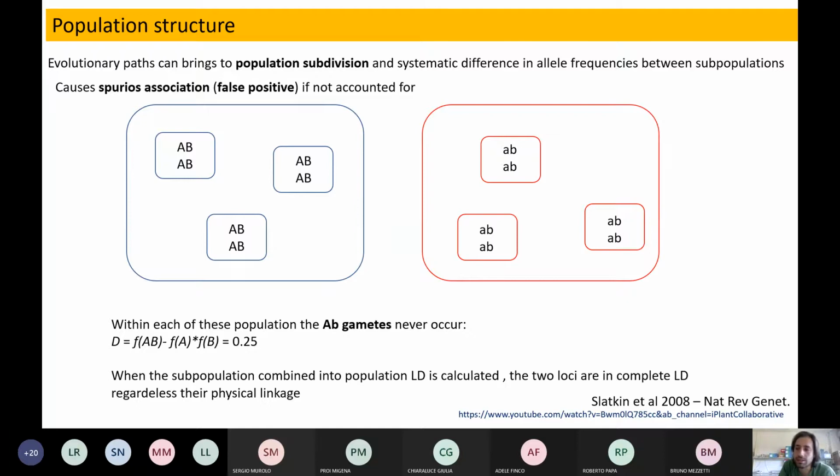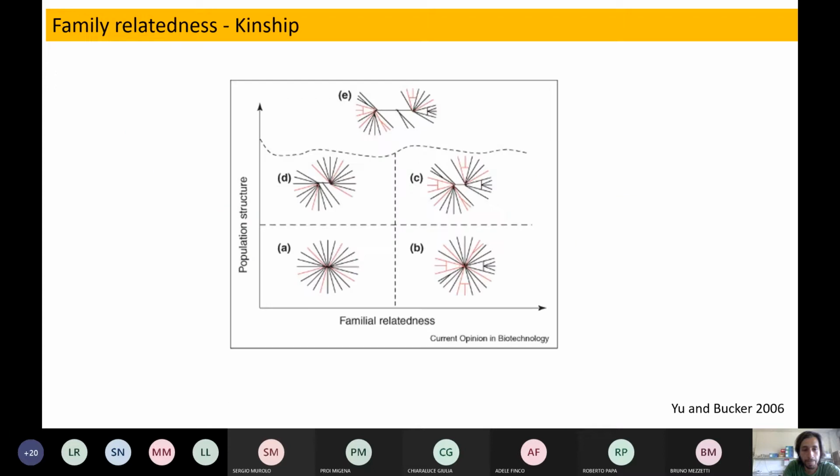So we think that there is a perfect linkage disequilibrium regardless of the physical closeness between the two markers, their physical linkage. So basically, it's important to consider the population structure, because this subdivision of the population can create false positives.